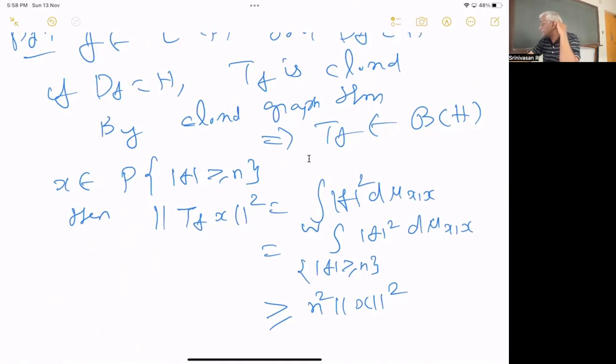No, there is a problem, no? I'm taking greater than or equal to, right? So it's bounded. No, wait a minute. I cannot say this is greater than norm x squared. What I can say is that this is greater than or equal to mu_xx of the set where mod f is greater than or equal to n. Why is it greater than norm x squared?